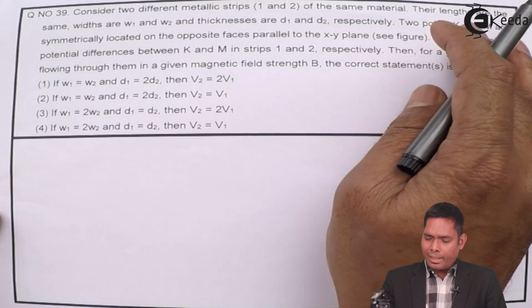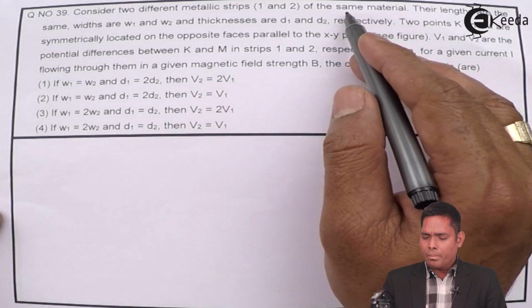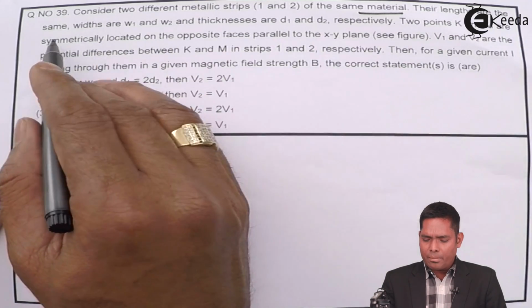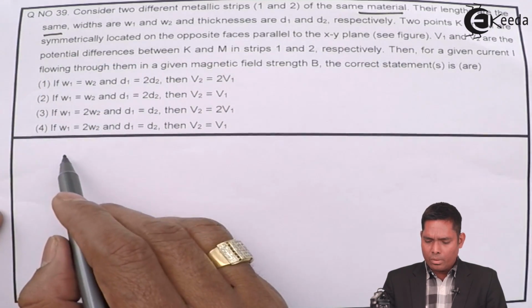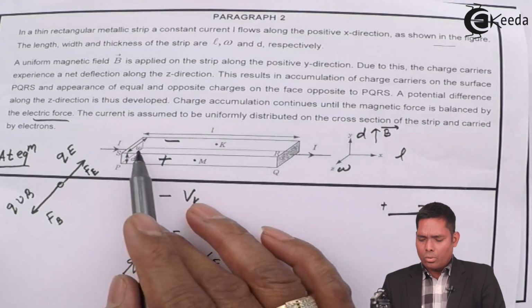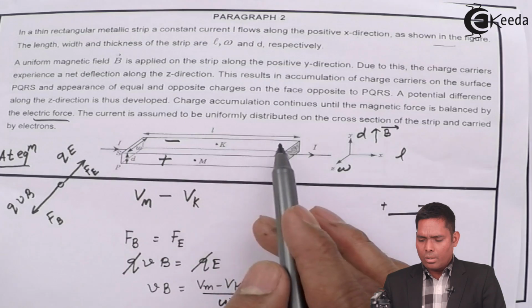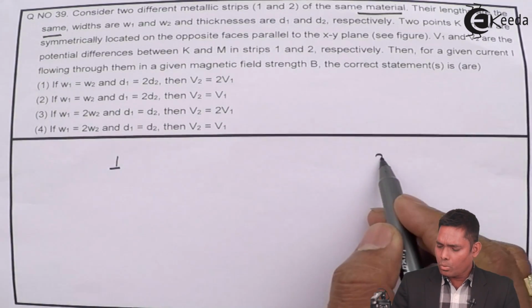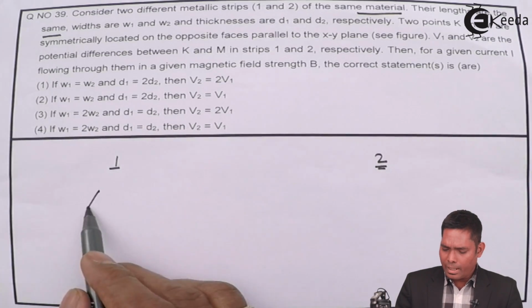Their lengths are the same. So we'll consider two such plates, 1 and 2, something like that.